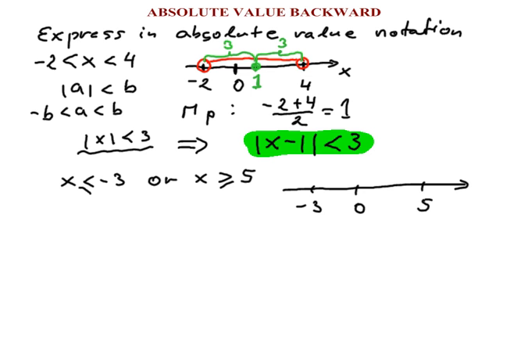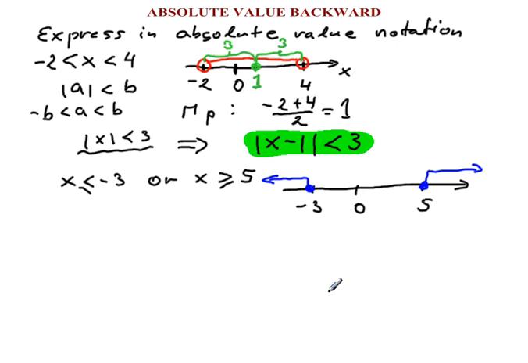So in this case, you are equal and more than 5. You are equal and less than -3. So these are two separate intervals. So how do I find absolute value notation using these two intervals?